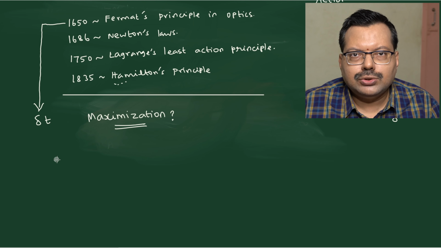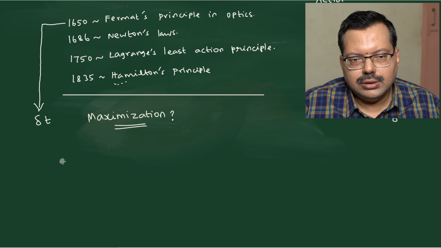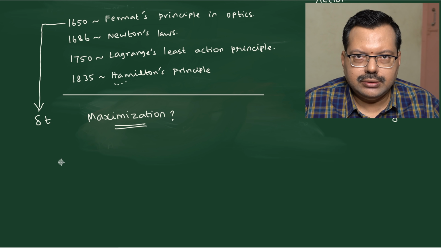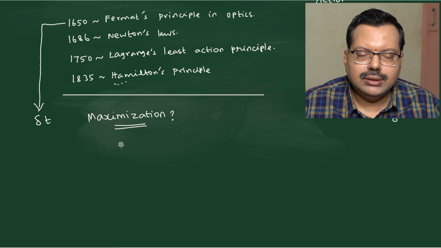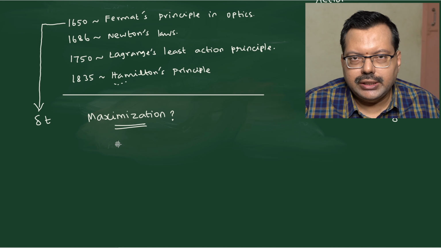Do you remember, or are you able to recall anything that you already learned that has maximization taking place? The answer is yes. You studied thermodynamics, right? In thermodynamics, suppose you have a closed thermodynamic system. Closed thermodynamic system means you have internal energy, and you don't allow the energy to go outside.